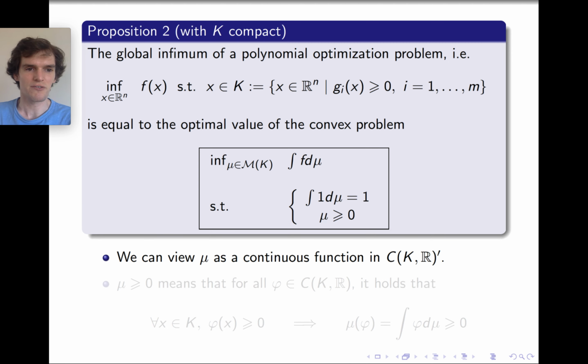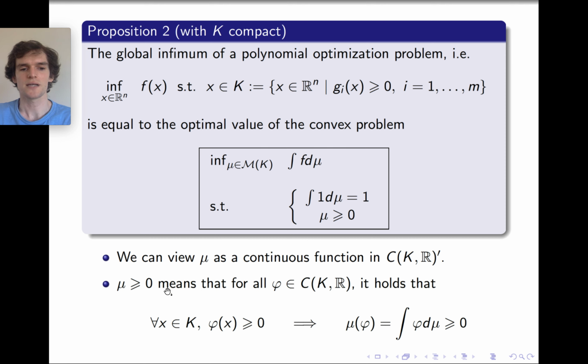And so let's have a look at proposition 2, now assuming that K is compact, and let's disentangle what is going on here, because now we understand fully what is meant by all of these notations. So the measure mu, in light of those definitions, we can view as a continuous function in this dual set.